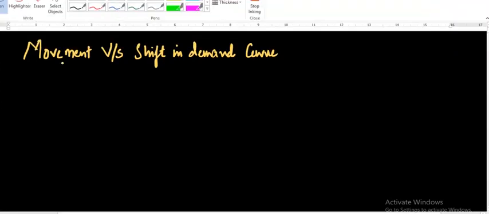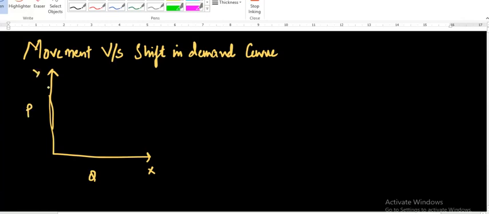Before understanding what a movement and a shift actually mean, let me draw two curves, taking quantity demanded on the x-axis and the price on the y-axis, and another curve where I take quantity demanded again on the x-axis and the price on the y-axis.